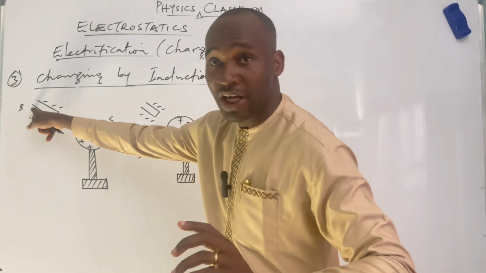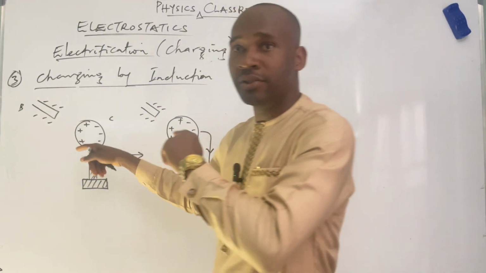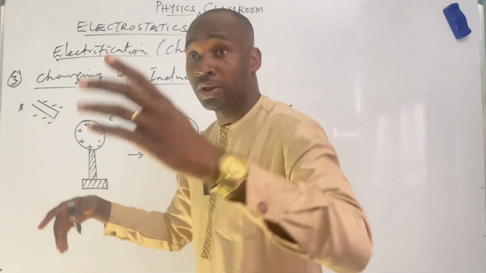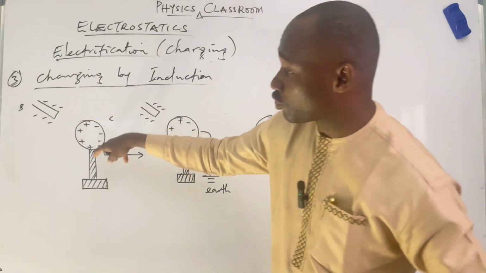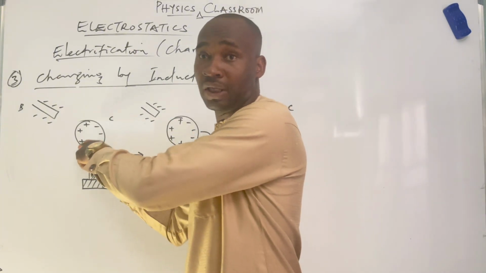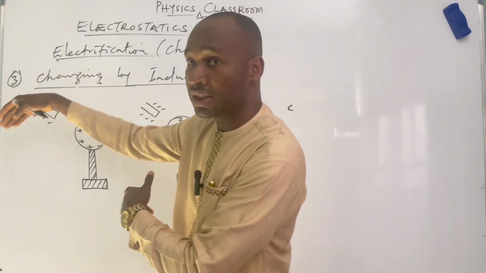Body B is not actually touching body C. That's by induction. It's just brought closer to this, which will now result in free electrons from body C being repelled away from B. Free electrons from here are being repelled from this.